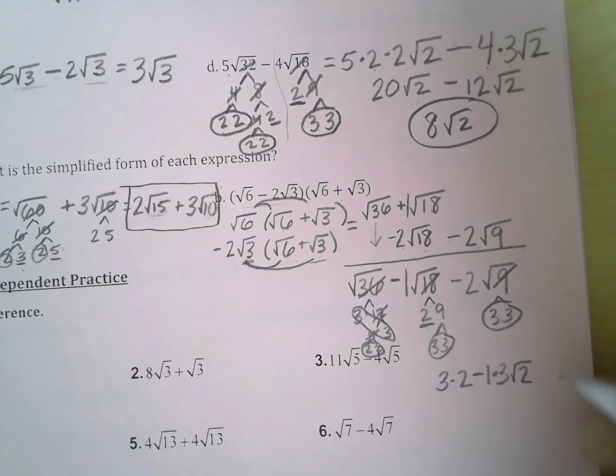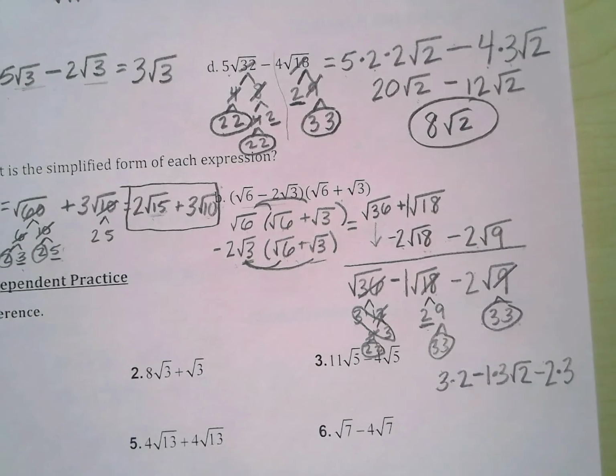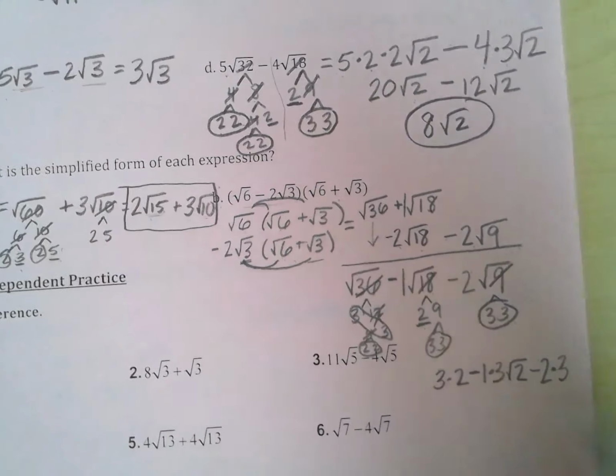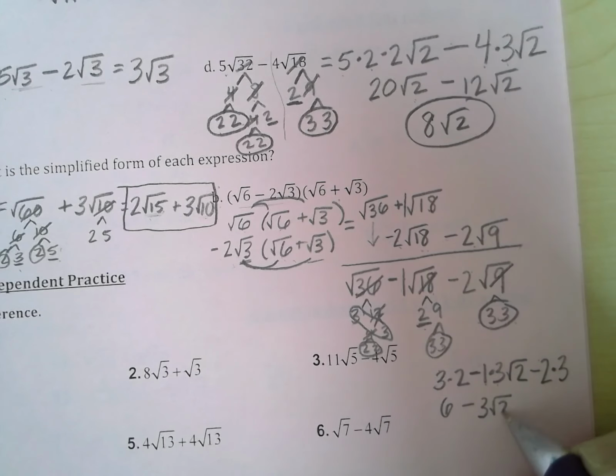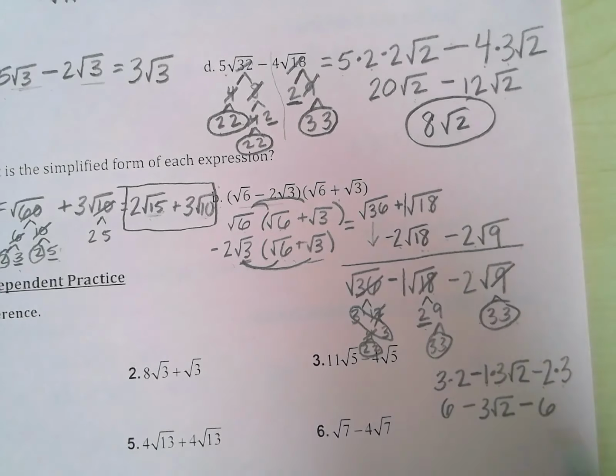This last one, we'll start with the minus 2 still, and then times 3 because I circled a pair of 3's. No radical here because nothing was left behind. So now I have to again do my multiplication. So 3 times 2 is 6, minus 1 times 3 is 3, square roots of 2, minus 2 times 3 is 6. Now I can simplify even further.